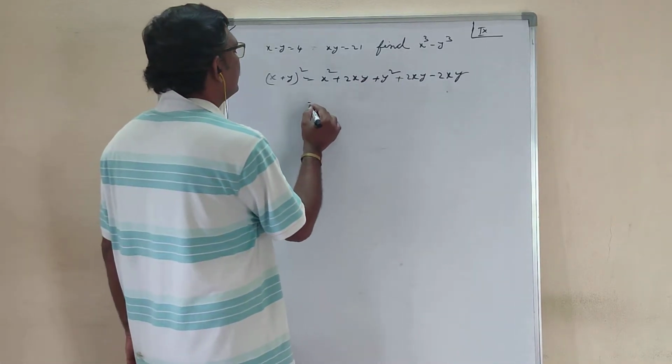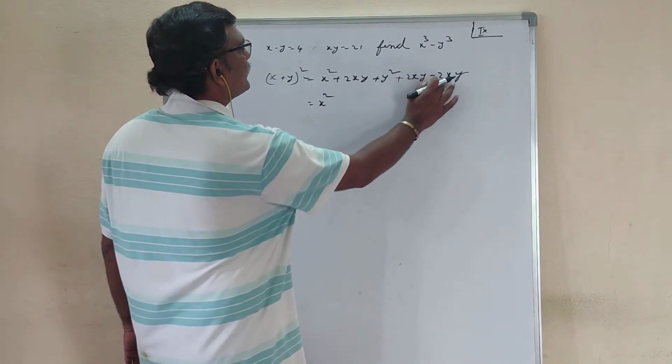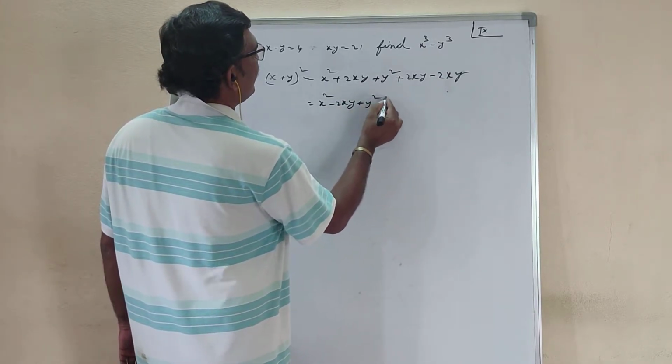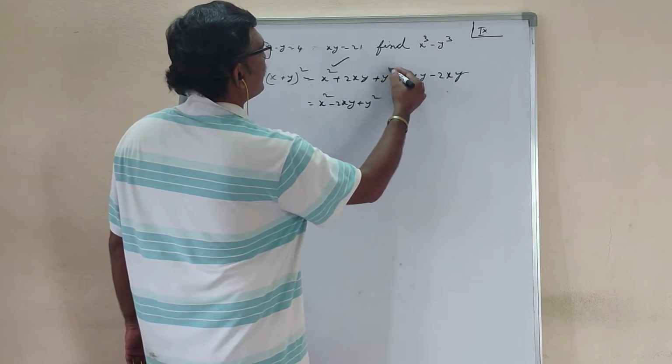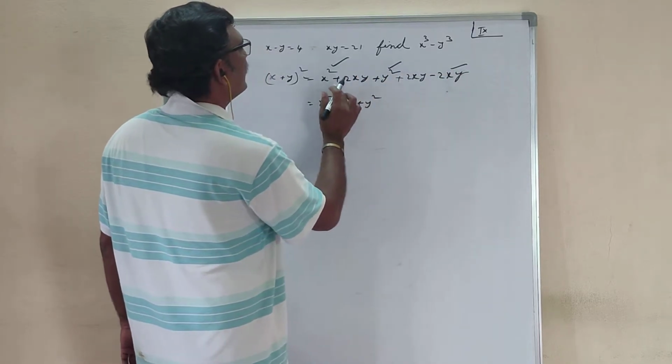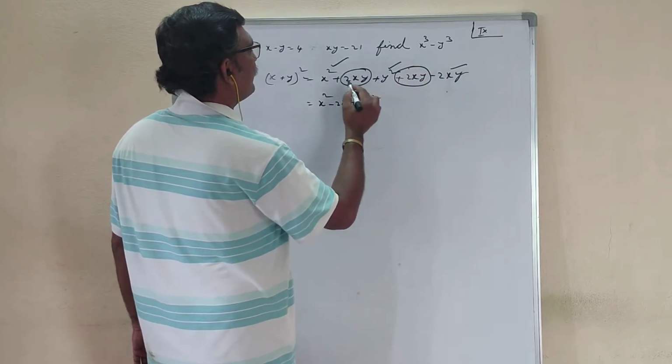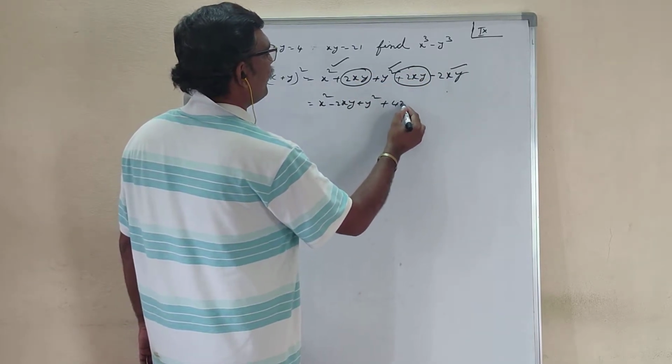Next, x square, this minus 2xy right here, minus 2xy plus y square. So this I have written. What remains here? Plus 2xy plus 2xy is plus 4xy.